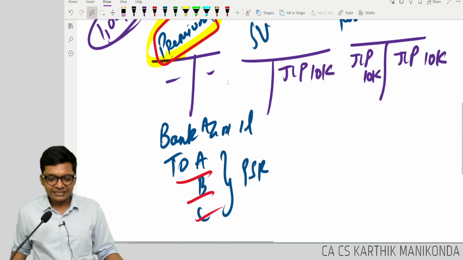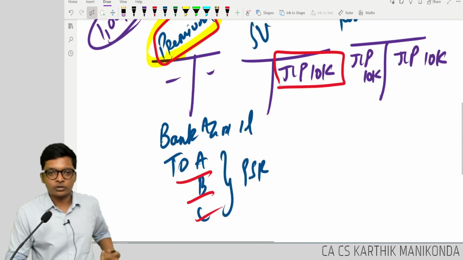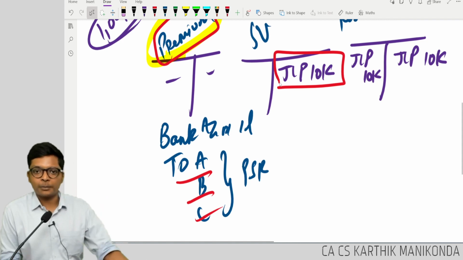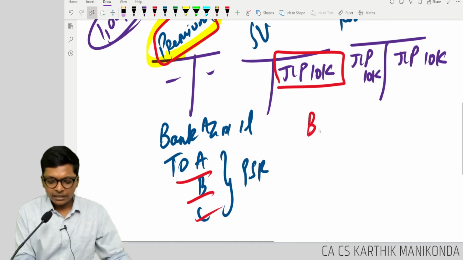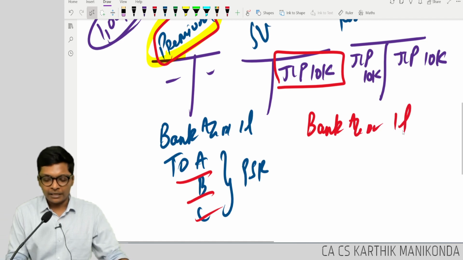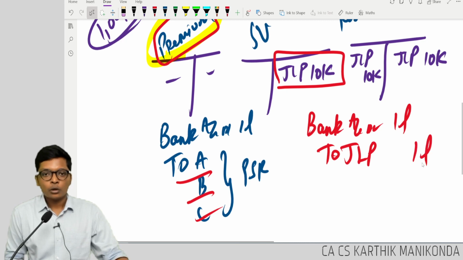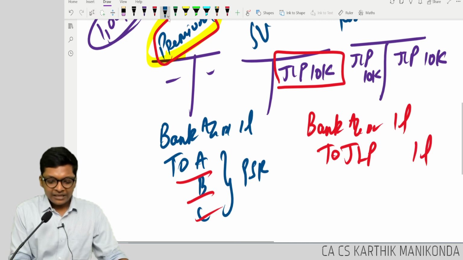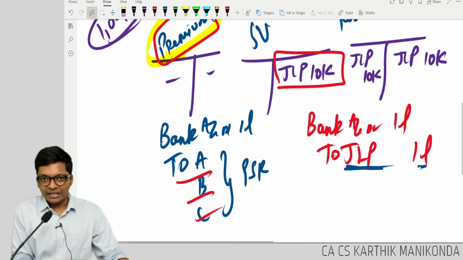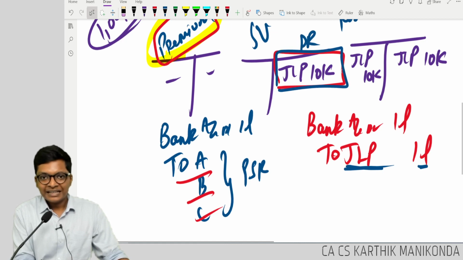Second method says surrender value method 10,000. So first when I get the money, I will write bank account debit. Always getting money, I will debit bank and I will credit JLP for 1 lakh. When I am crediting JLP for 1 lakh, JLP here is already having a debit balance of 10,000.